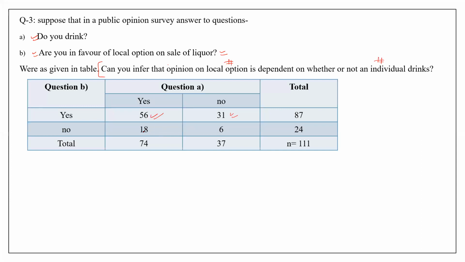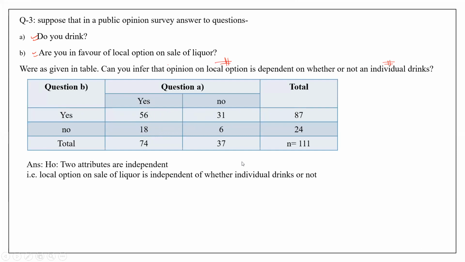And for question B also 56, 31, 18 and 6, like that the data they have given. Now we have to check the hypothesis of dependency of two variables, sale of the liquor and whether they drink or not.